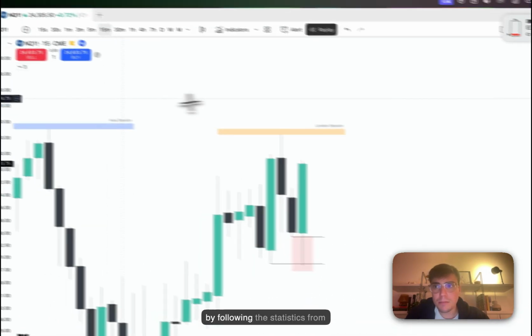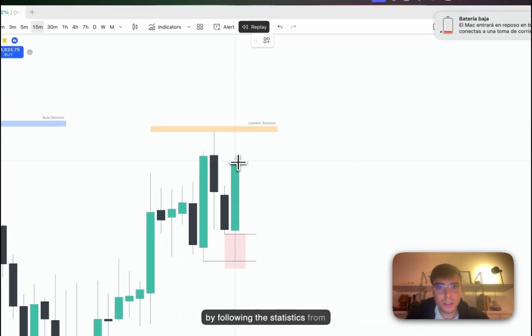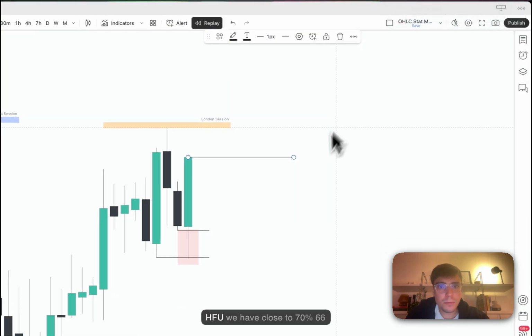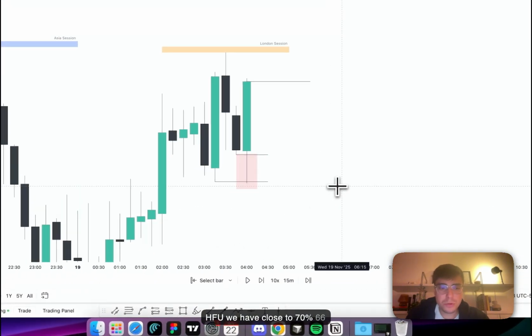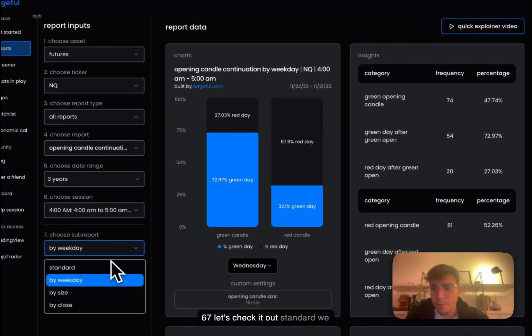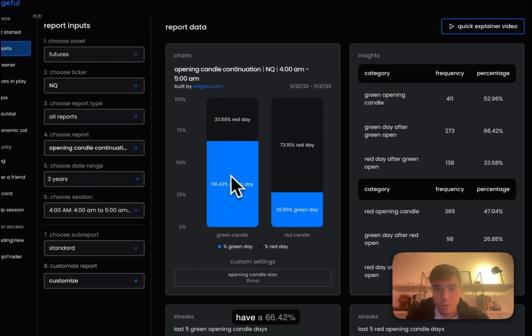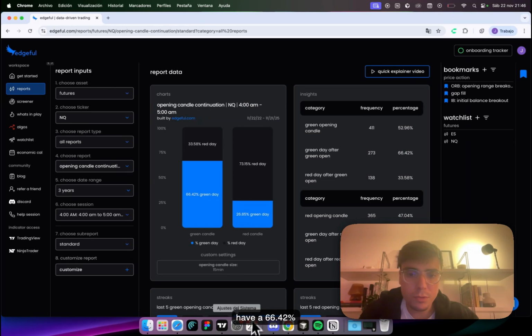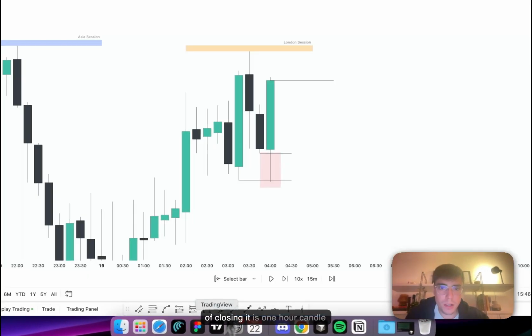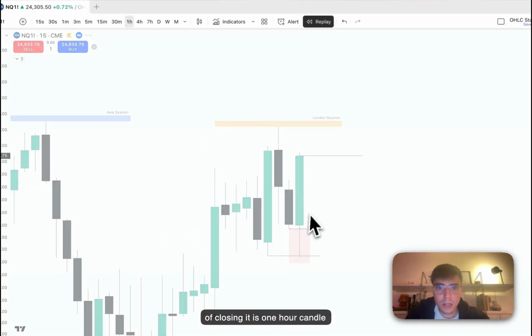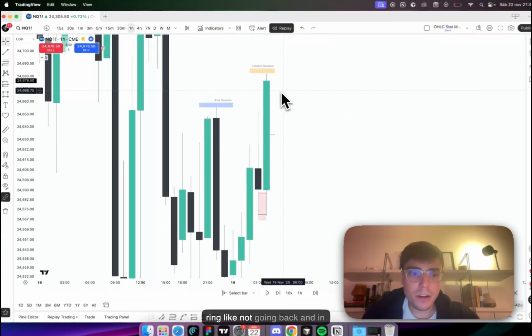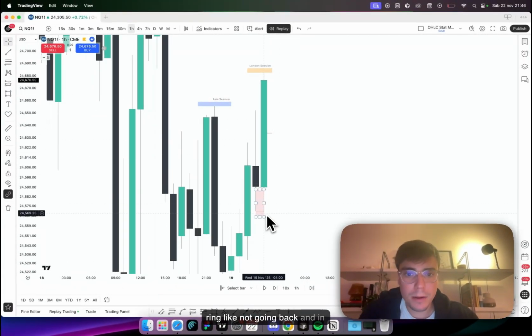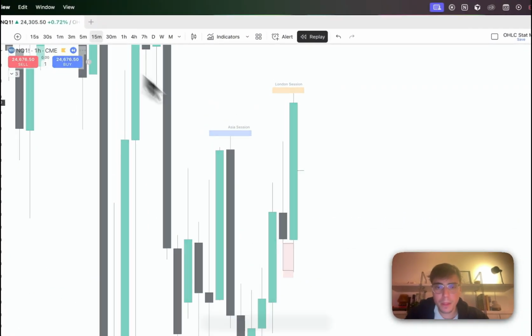And then by following the statistics from Edgeful, we have close to 70%, 66, 67. Let's check it out. Standard, we have a 66.42% chance of closing this 1 hour candle green, like not going back and closing below the low that we've set already.